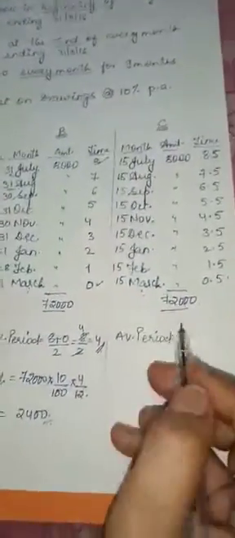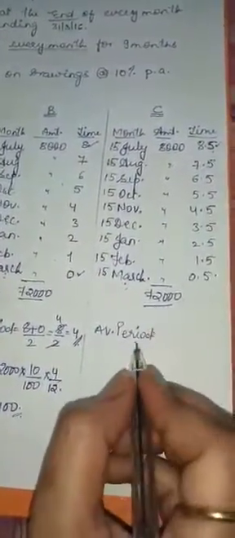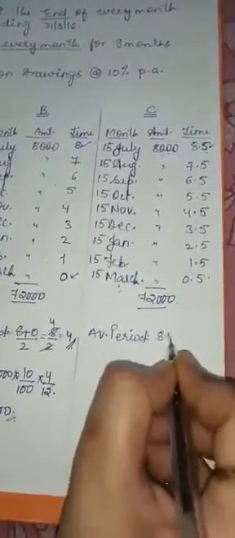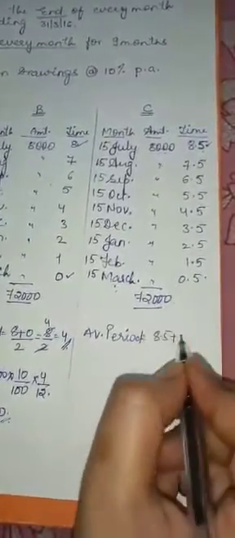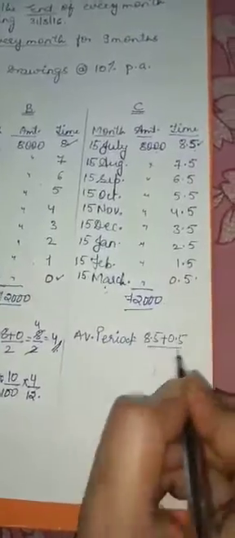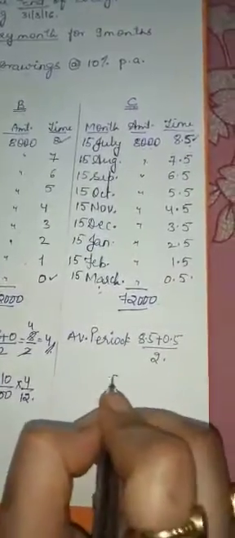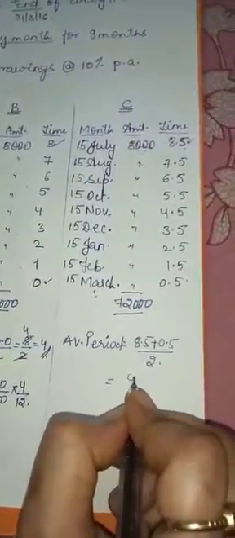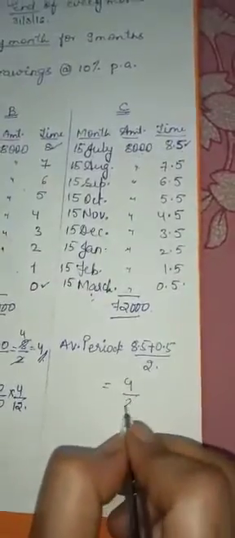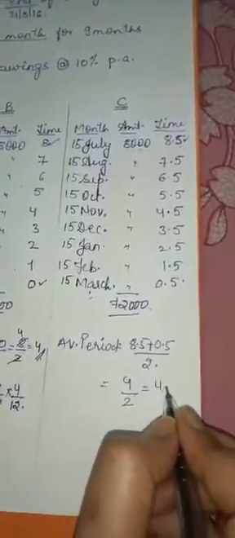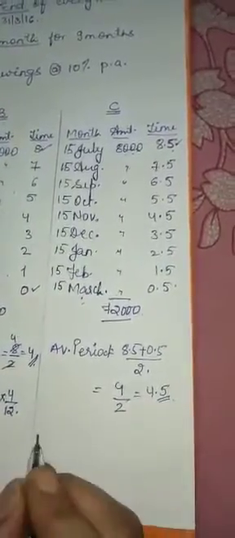Now we will again calculate the average period. So first we write 8.5, that means time left after first drawing, 8.5 plus time left after last drawing, 0.5, divided by 2, which is equal to 9 by 2, which is equal to 4.5. So this is the average time period we have got.